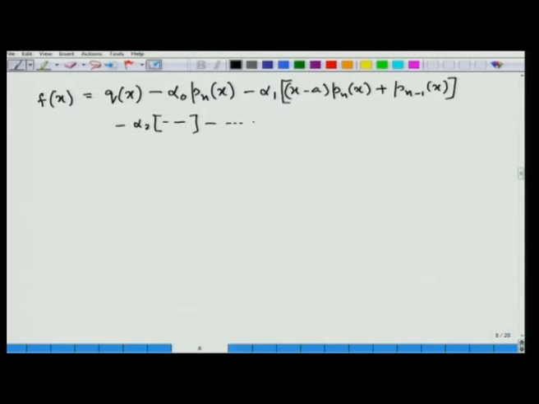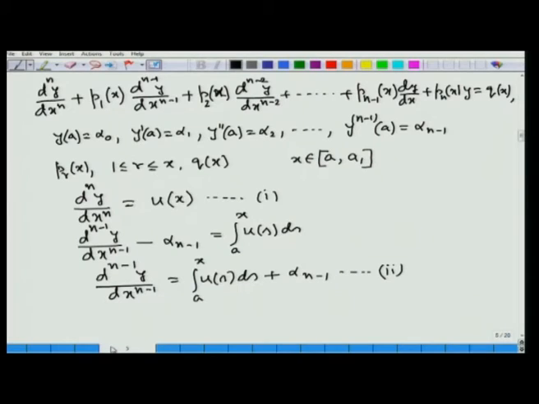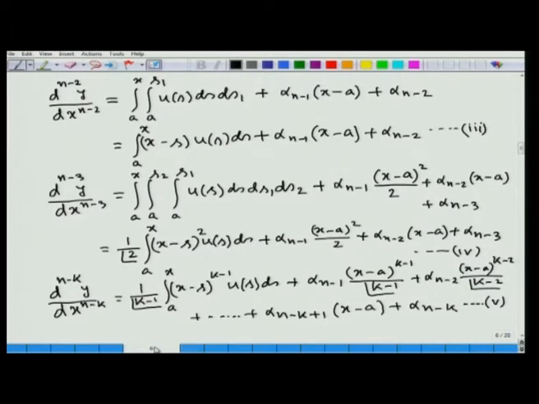Proceeding in this way, the last term will be alpha n minus 1, and now just see what expressions will be involved. From the first one, this alpha n minus 1 will be multiplied with p 1 x. Then from the second one, alpha n minus 1, this x minus a will be multiplied with p 2 x. Then x minus a whole square by factorial 2 will be multiplied with p 3 x.